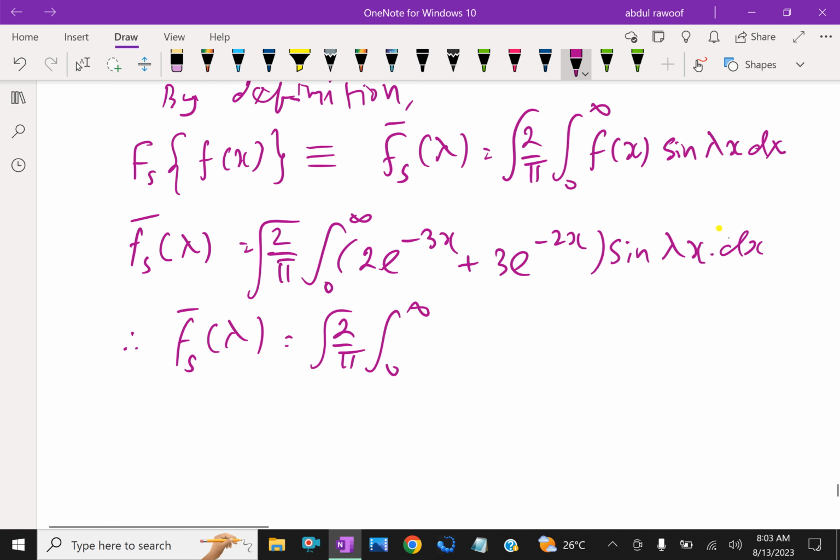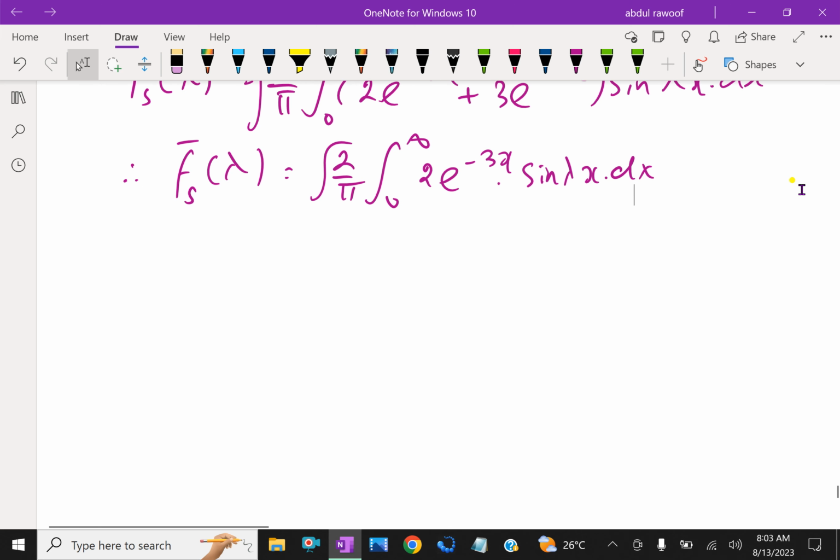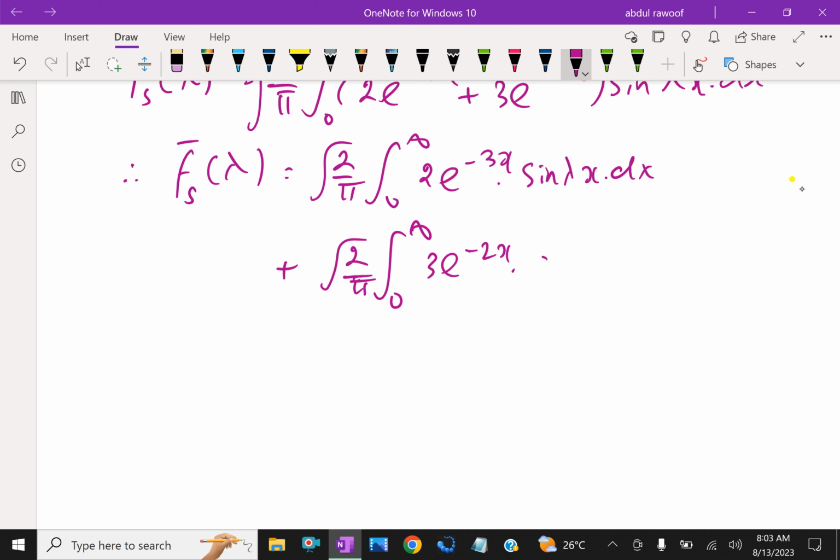We are splitting this: 2 e power minus 3x sine lambda x dx, plus the second part, square root of 2 over pi, integral 0 to infinity of 3 e power minus 2x sine lambda x dx.